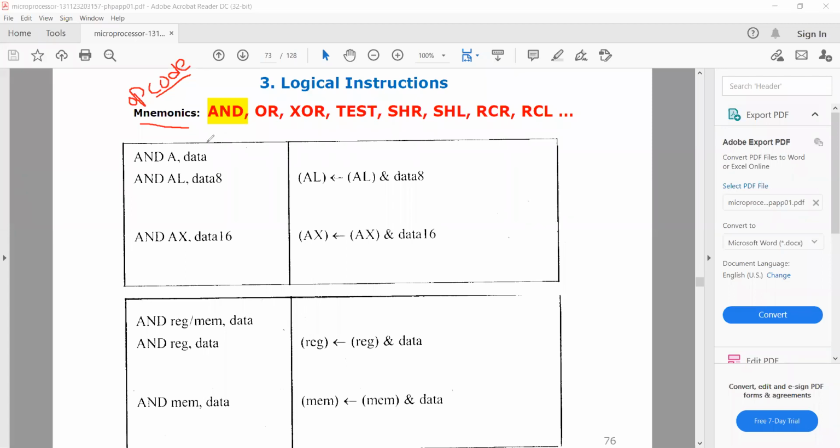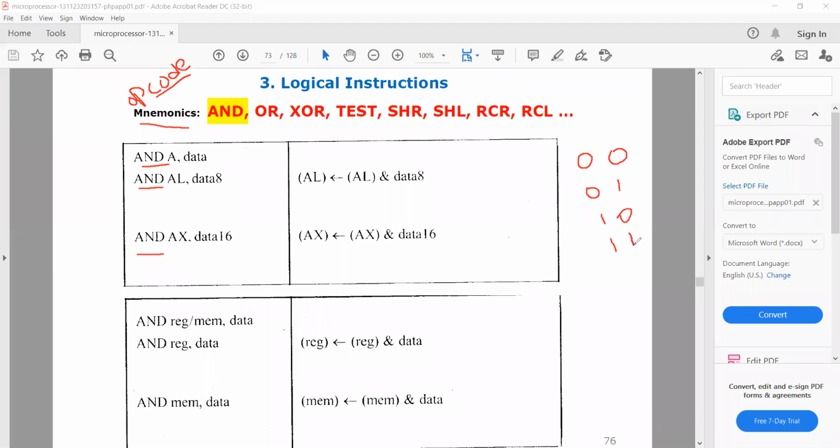The first logical instruction to be understood is the AND instruction. You know what an AND operation is. You have to remember the truth table. The AND operation truth table is like this: 0 0, 1 0, 0 1, 1 1.